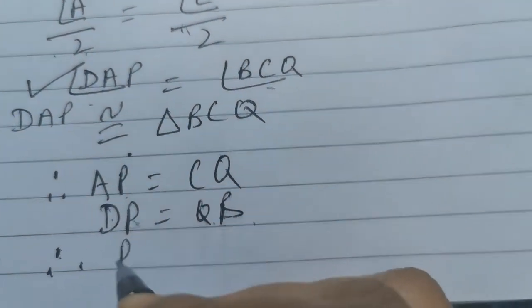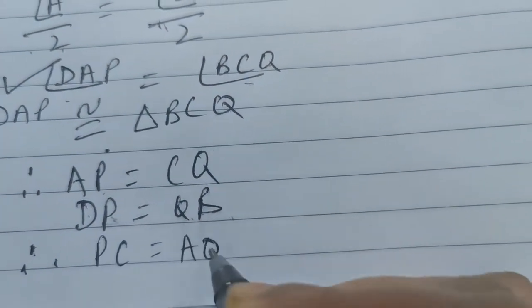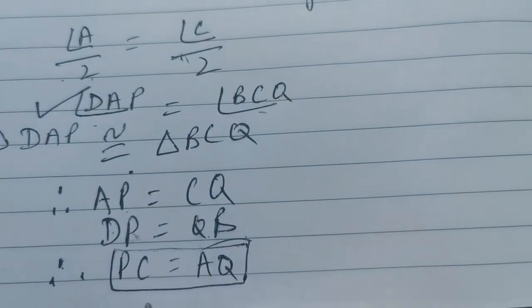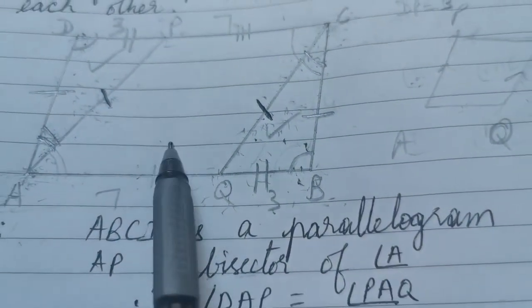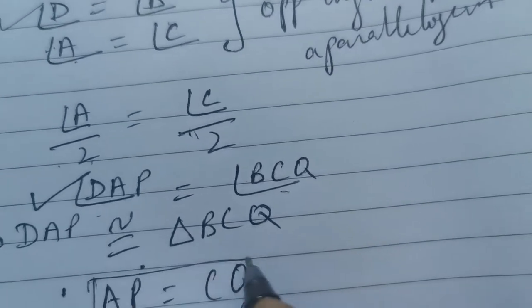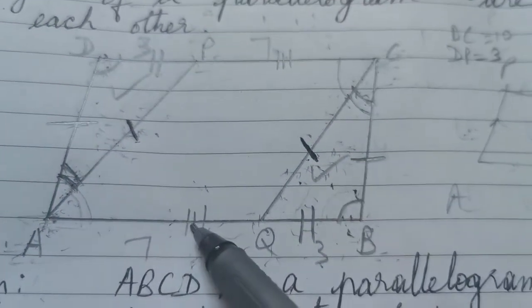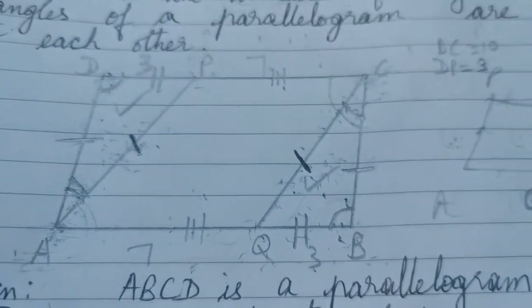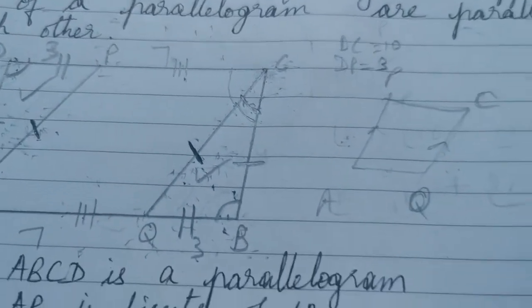This is one pair of sides of this newly formed quadrilateral. The other pair is AP equal to CQ. So we have AP equal to CQ and AQ equal to PC. So when opposite sides are equal, the particular quadrilateral is a parallelogram.